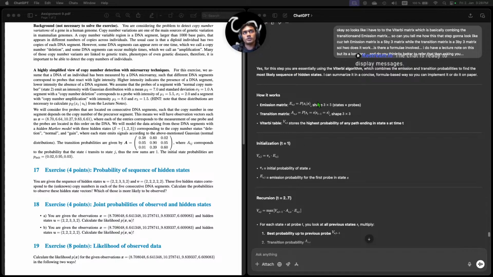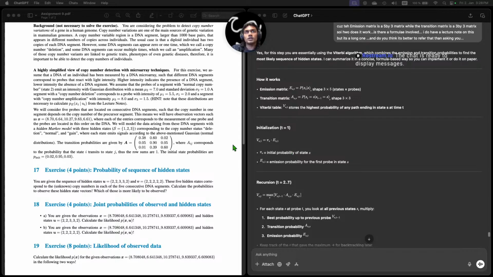Yes, for this step, you're essentially using the Viterbi algorithm, which combines the emission and transition probabilities to find the most likely sequence of the hidden states. I can summarize it in a concise form. Emission matrix, shape 3 by 5, transition 3 by 3, stores the highest probability of any path ending in state S at time t. Initialization, t equals 1: initial probability of the state S times the emission probability for the probe.